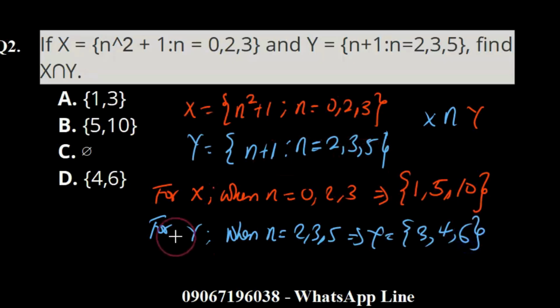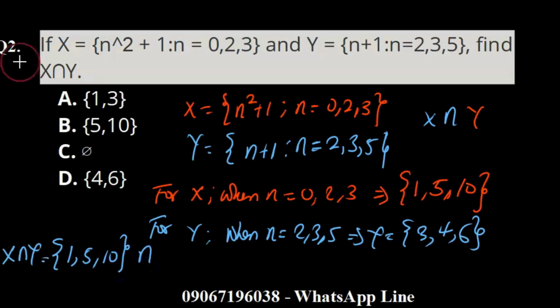So substitute that. Now you can see that our set of values for x intersection y is the first set, 1, 5, 10, intersection with that of y, which is 3, 4, and 6.